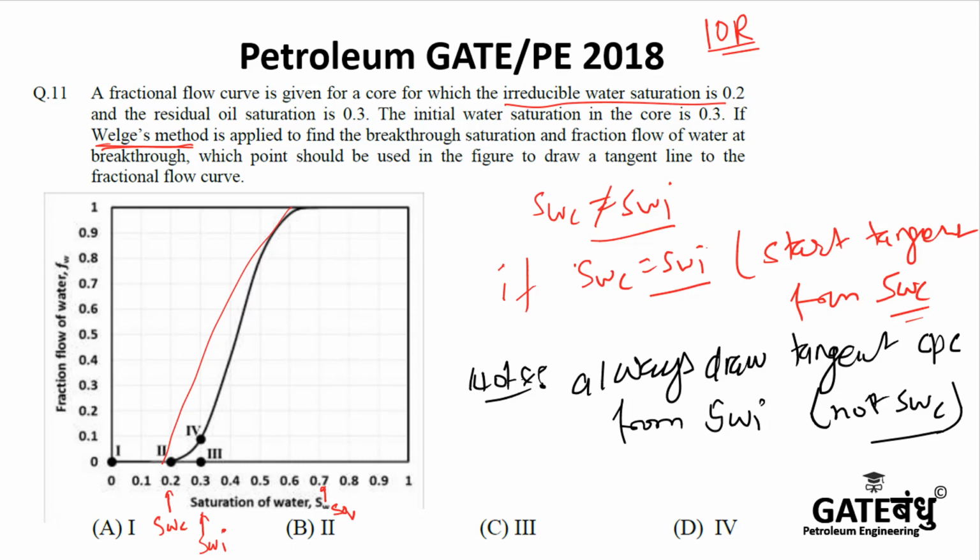So in this case, SWI is 0.3. The initial water saturation is 0.3, not the 0.2.